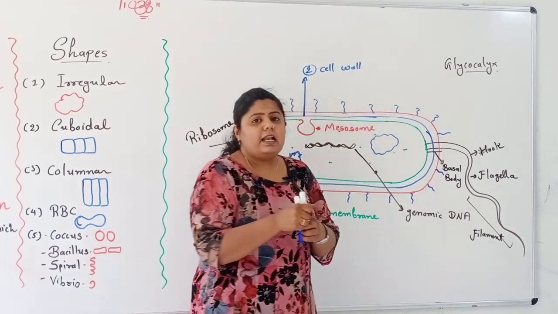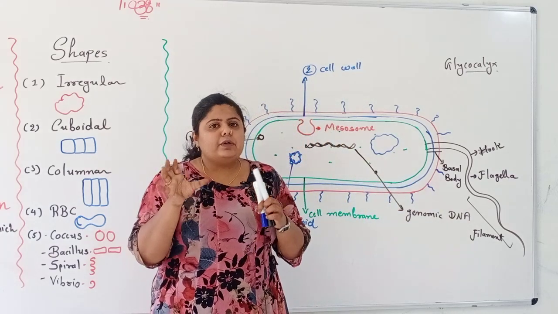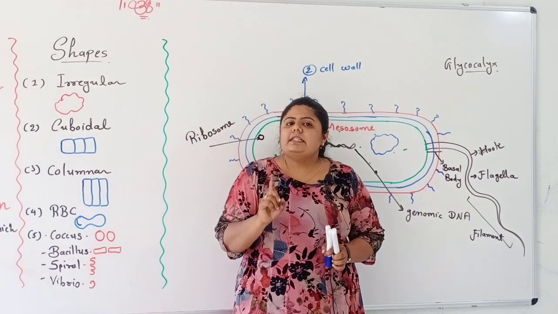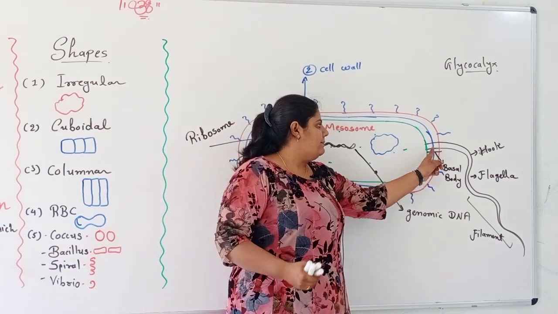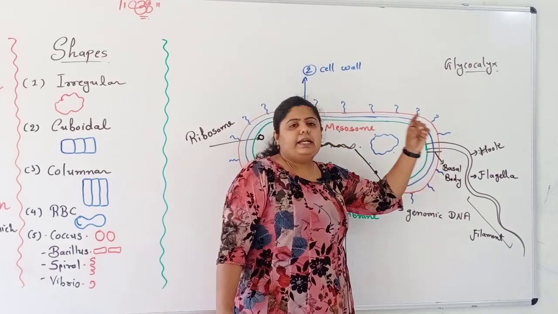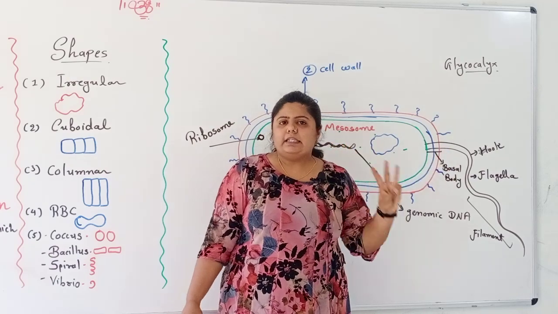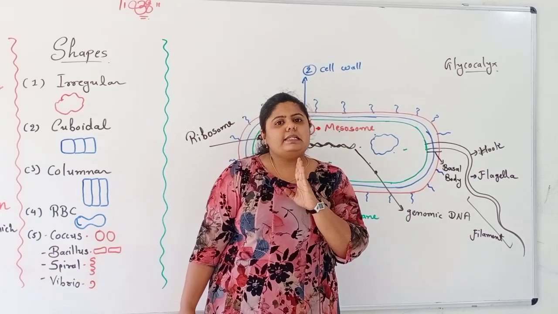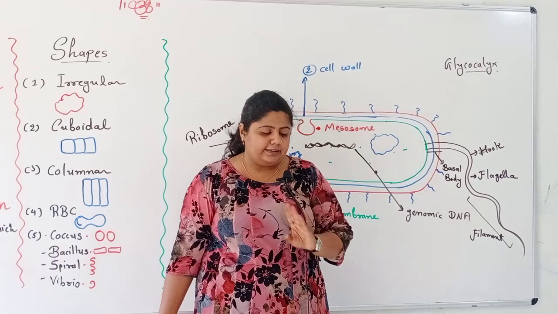Now, flagella of bacterial cell and eukaryotic cell are different in their structure, that we will study in this chapter. So three parts: basal body that attaches to cell wall and cytoplasm, second hook, middle portion, and third filament, long portion. By flagella, bacteria can easily move from one place to another.